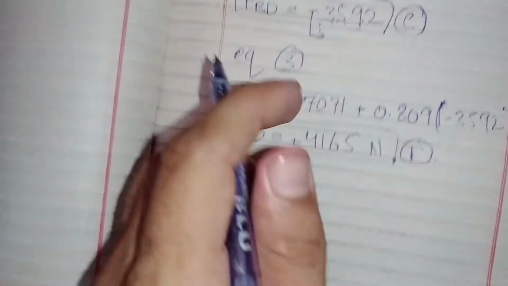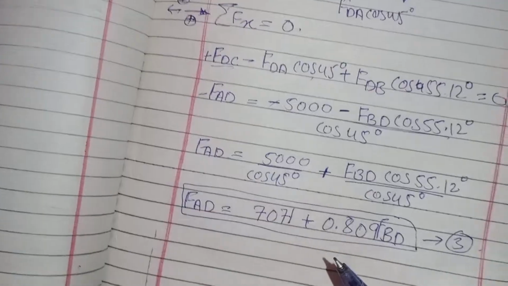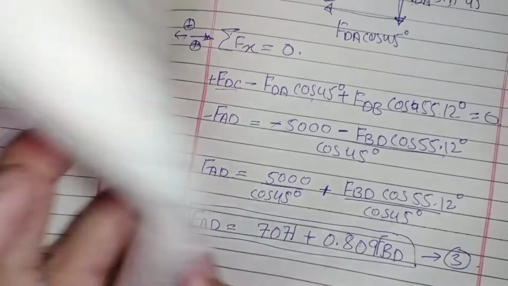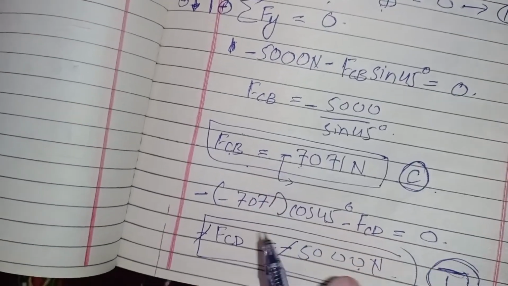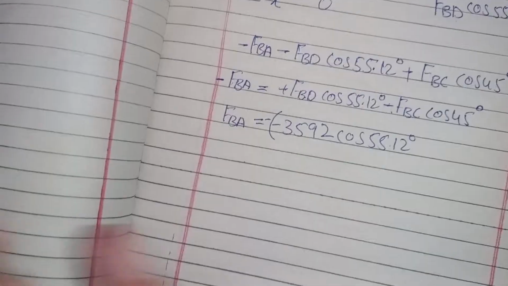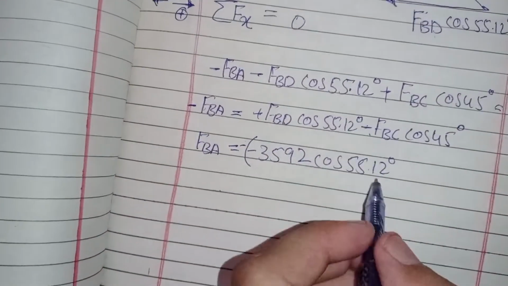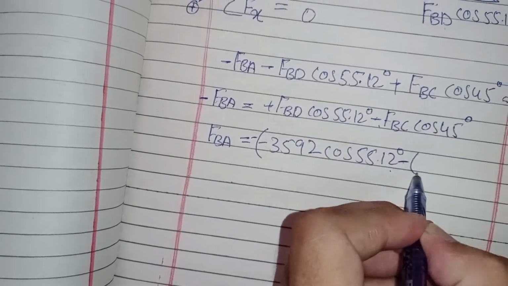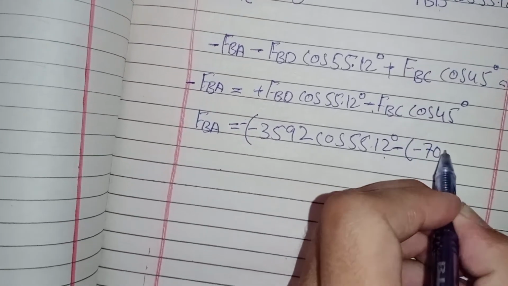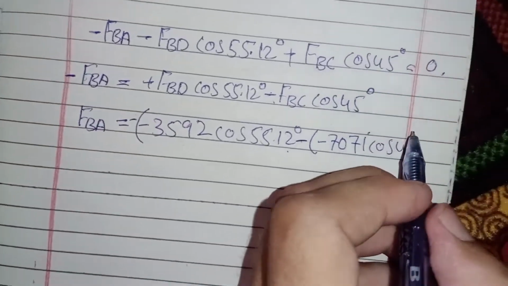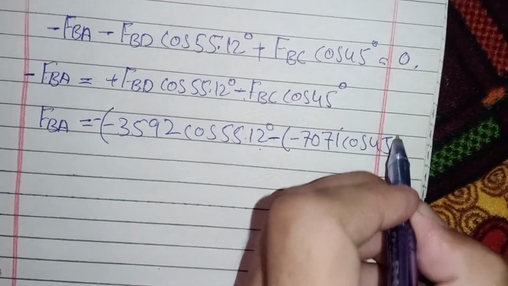I also calculated FBC earlier, negative 7071, so negative into negative 7071 cos 45 degree.